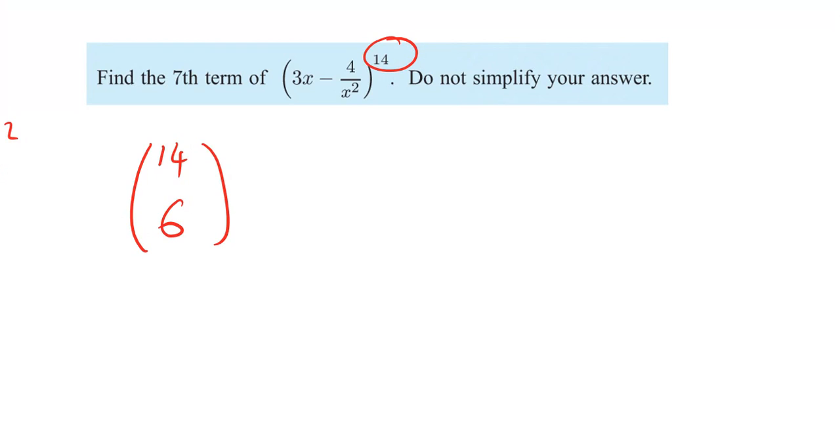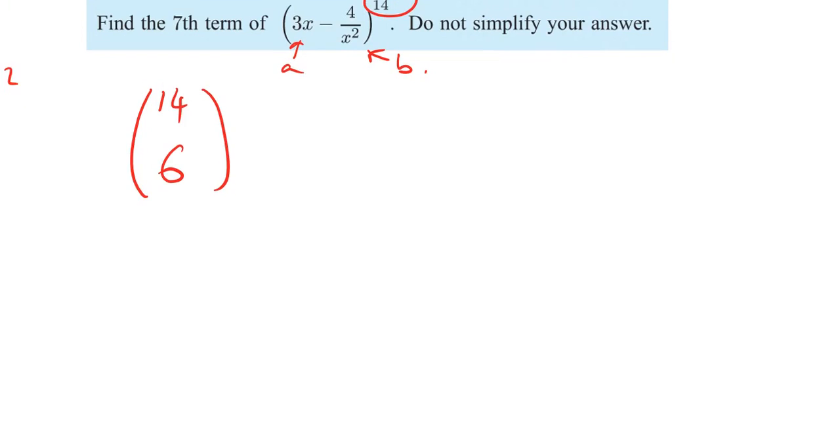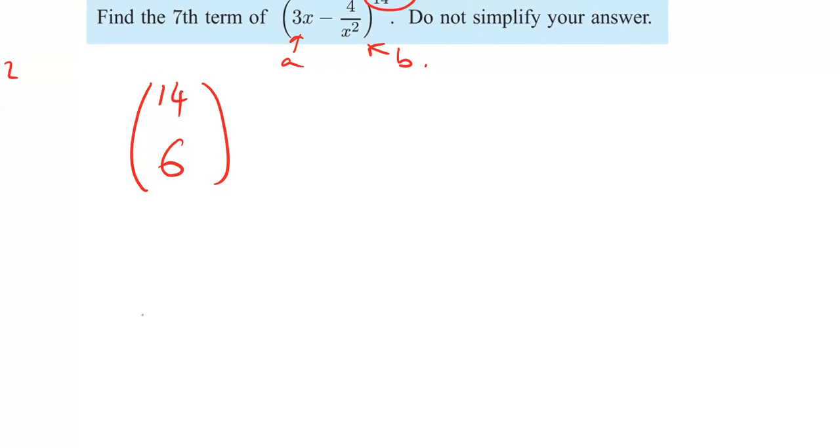So there's our coefficient. Now, next thing we've got to worry about then is what are we going to have as our powers of a and b, or I should say 3x and our minus 4 over x squared. Now, there is a generic term that we wrote down in the previous video for a typical binomial expansion, and we're going to use that now.